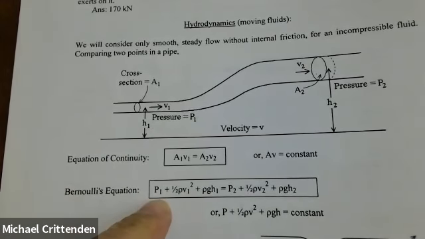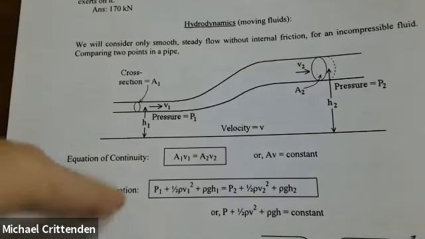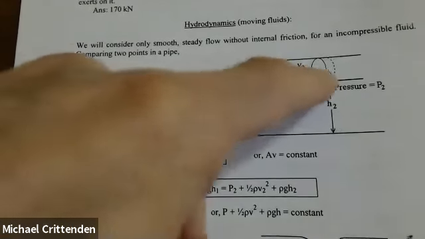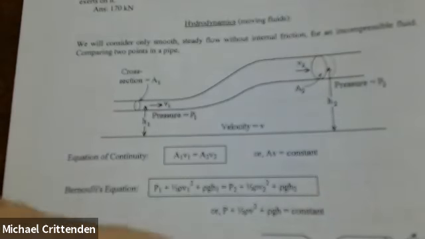But once again, it's a matter of some quantity that if you calculate it at the one point, you're going to get the same thing as if you calculate it at this other point here.